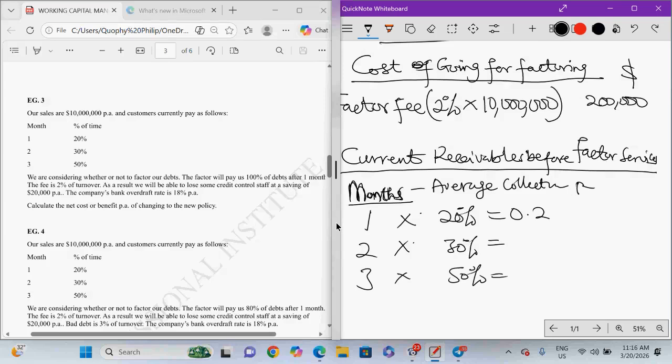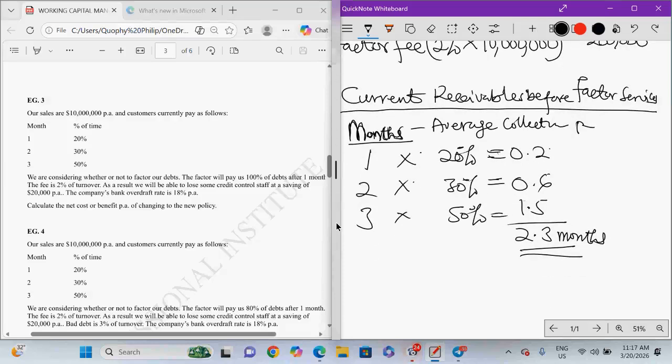This is 0.2, this is 0.6, and this is 1.5. So what would be the total? 2.3. But it is in months. Yes. So 2.3 months, right?